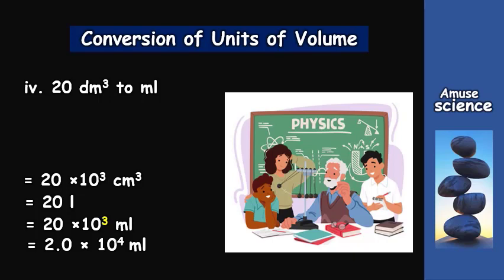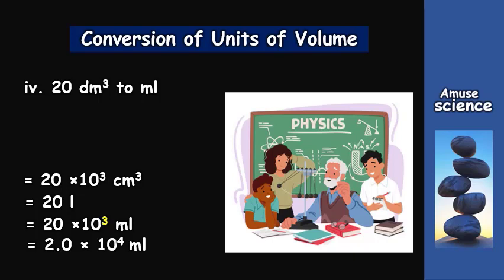But you know that because there is no direct link between the decimeter cube and the liters from the method we are using, but rather there is a link between the liters and the cubic centimeters. Let's first of all convert our answer to the cubic centimeters.